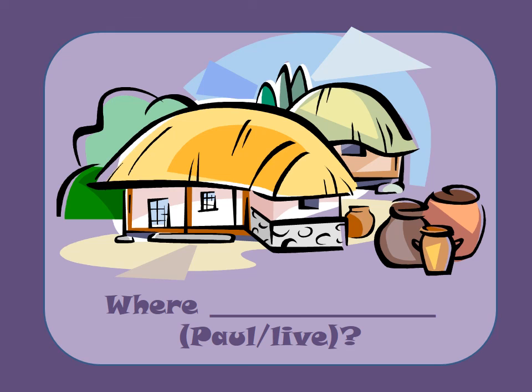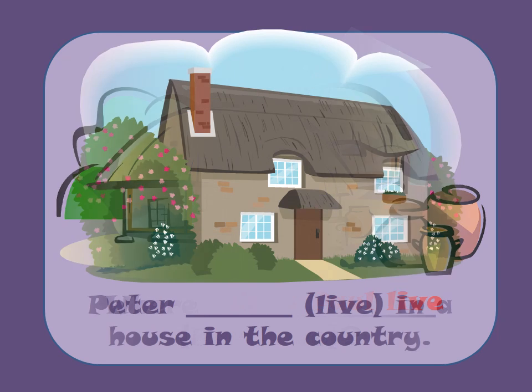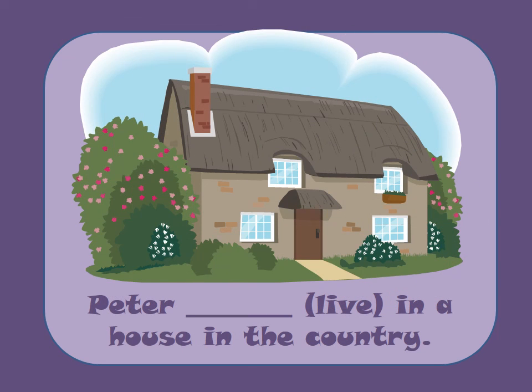Where Paul live? So I'm making a question, a WH question. So I'll say, where does Paul live? And example here, we have Peter live in a house in the country. So Peter lives in a house in the country.